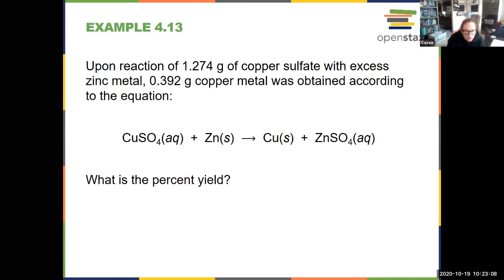So you do 0.392 divided by 1.274 times 100. Are you sure? Well, because this is actual copper metal and this is copper sulfate. Oh, dang it. You have to do your multiple.